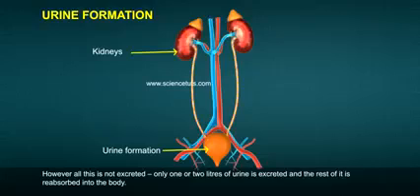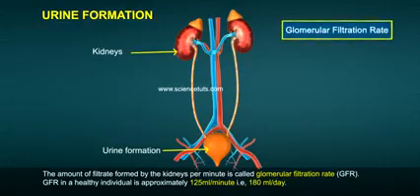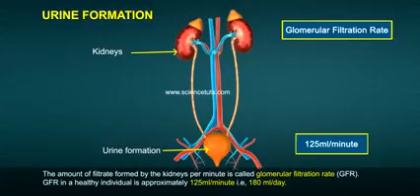Only 1 or 2 liters of urine is excreted, and the rest of it is reabsorbed into the body. The amount of filtrate formed by the kidneys per minute is called glomerular filtration rate, GFR. GFR in a healthy individual is approximately 125 milliliters per minute, that is 180 liters per day.